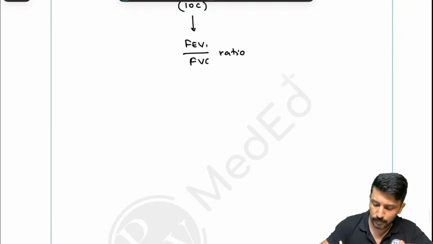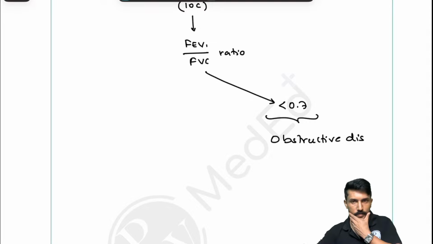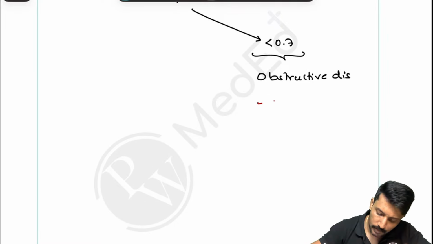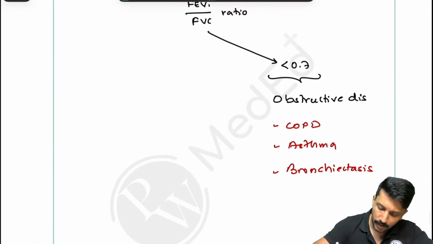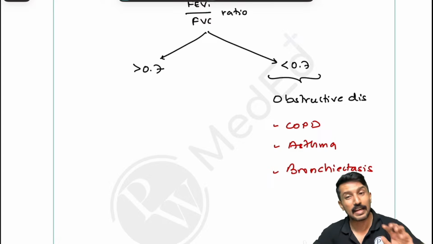If the FEV1 by FVC ratio is less than 0.7, it is suggestive of obstructive disorders. What are the obstructive disorders that we know? First one we have is COPD. Second one is asthma. The third one is bronchiectasis.